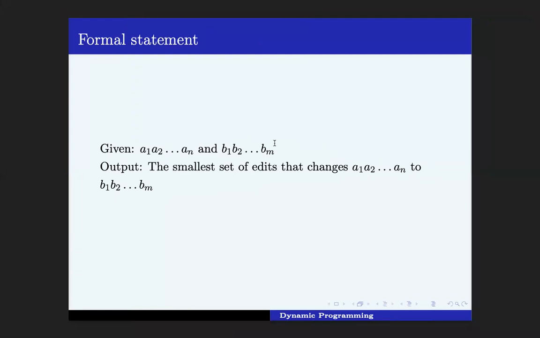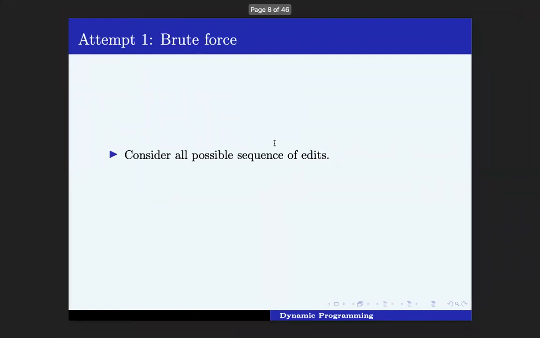If you are interested in just an algorithm, this is a very simple algorithm. You don't have to go to graphs or something. Basically, consider all possible sequences of edits. Of course, you have to assume that the number of edits can never be more than the maximum of n and m.